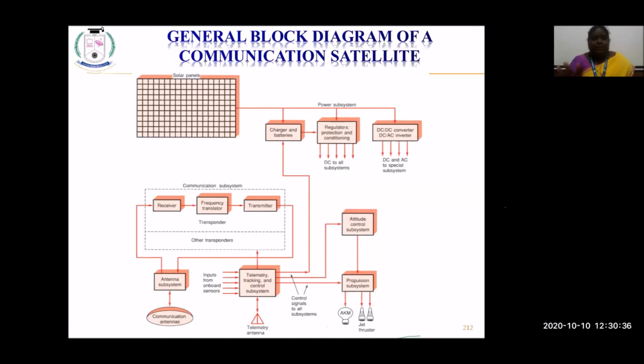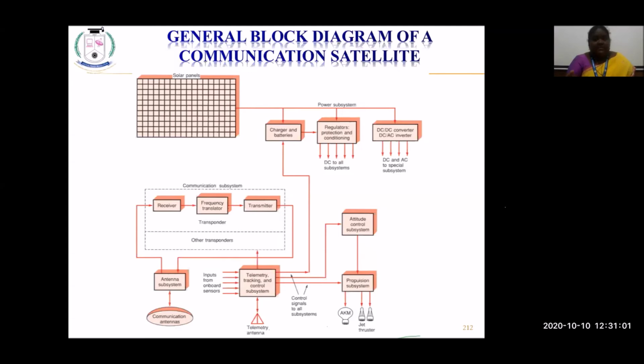For now, in today's class, let us see the overall view of the subsystems of a satellite. The first one is the power system, which supplies power to all the systems in the satellite with the help of power from the sun through the solar panels. The important point to note is that it has charging batteries.